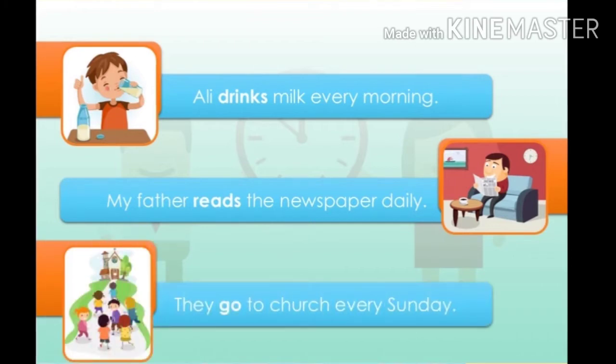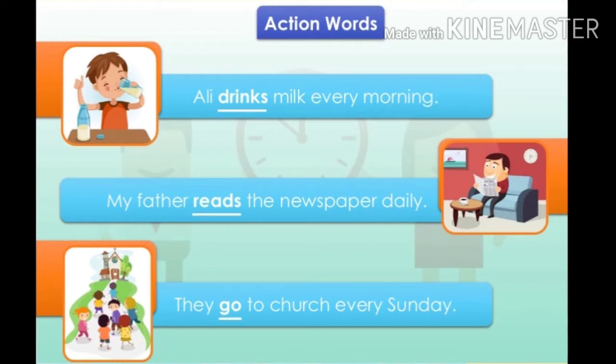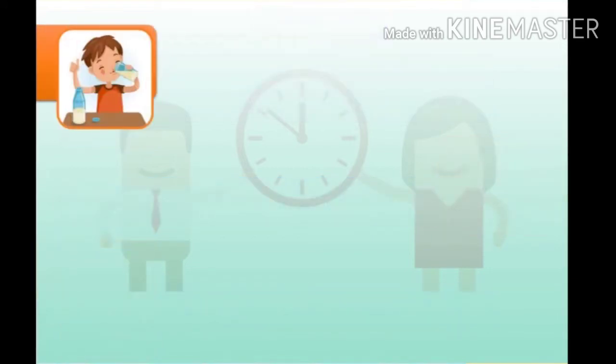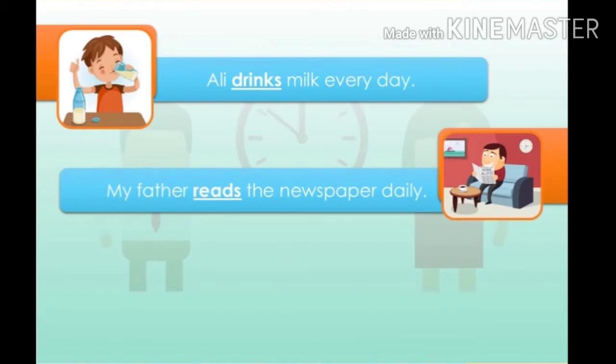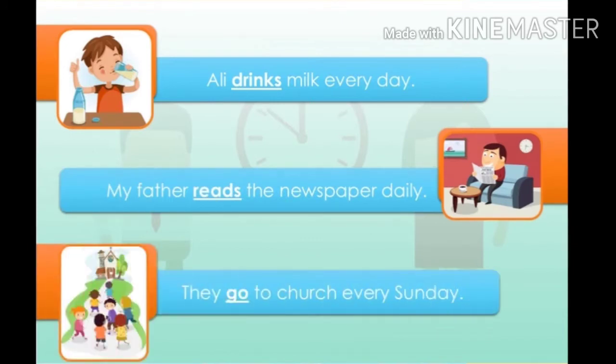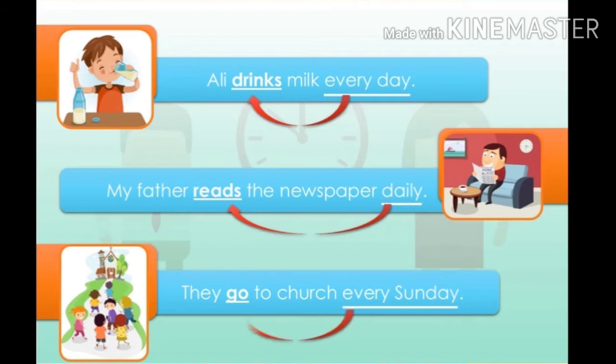They go to the church every Sunday. The words drinks, reads, and go are the doing words or action words. They show actions. The words every day, daily, every Sunday in these sentences show these actions are habitual actions. In other words, they show habits.